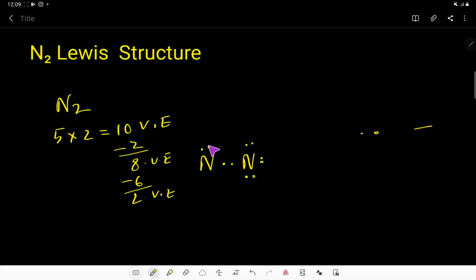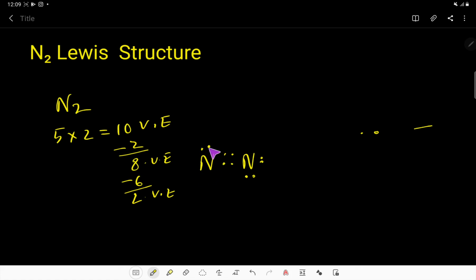So this nitrogen needs 4 more electrons. So these 2 electrons will come here and will make 1 more bond, right? So now this nitrogen has 2, 4, 6, and this nitrogen has 2, 4, 6, 8.